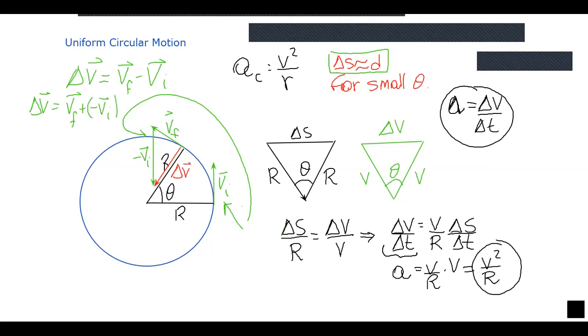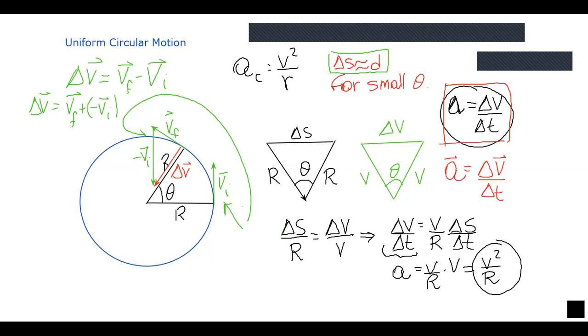So why do we care about the direction of delta V? Well, because if I write this equation here in vector form, and I say that A is equal to delta V over delta T, I have a vector equation. A is a vector on the left, and on the right, the vectorial part of the change of velocity over time comes from delta V because delta T is a scalar, is a constant.